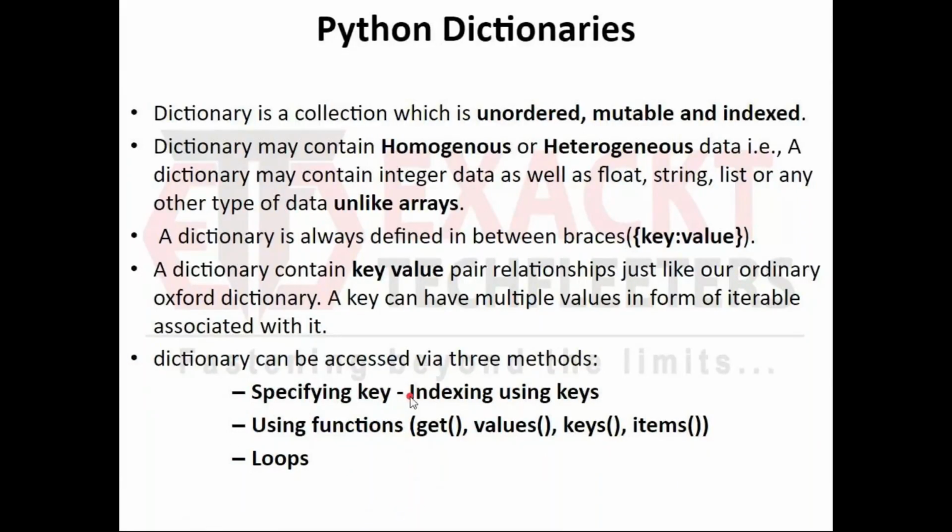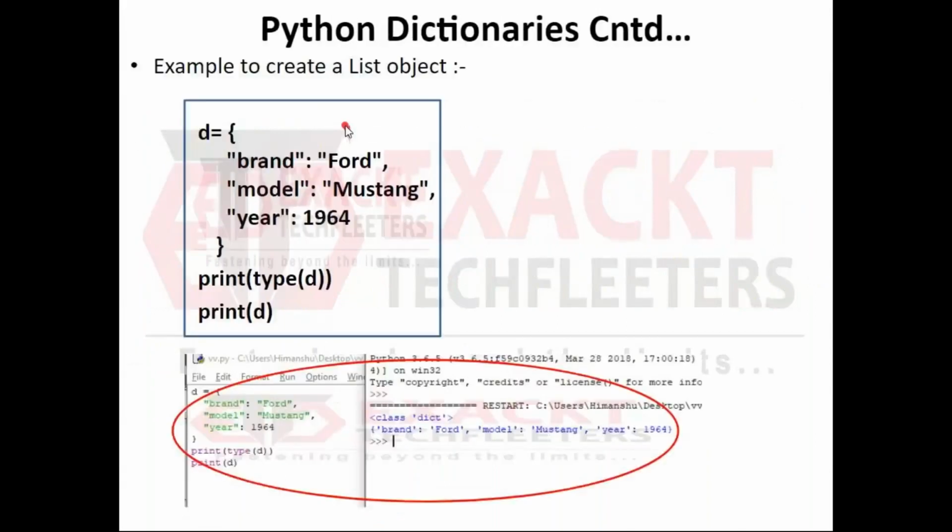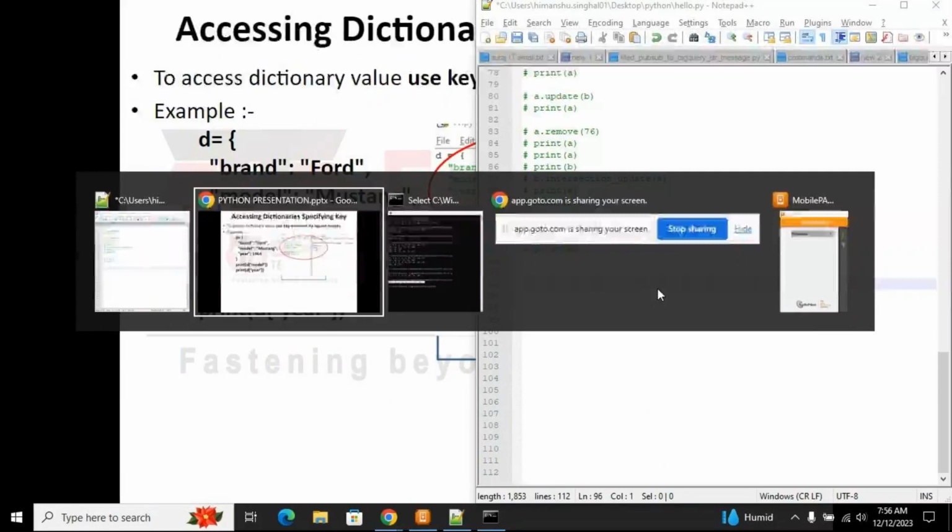So let's suppose this is one of our dictionaries. We have created it like this: brand is a key, model is also a key, year is also a key, and these three are the values: Ford, Mustang, and 1964. Now let me just create a dictionary here.